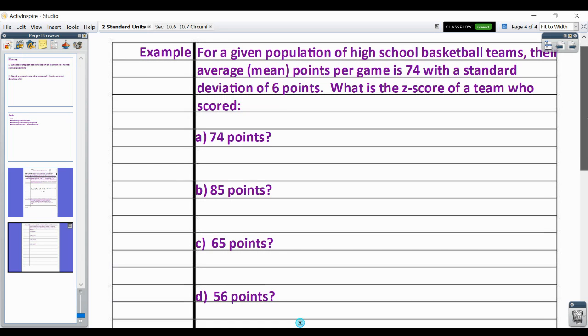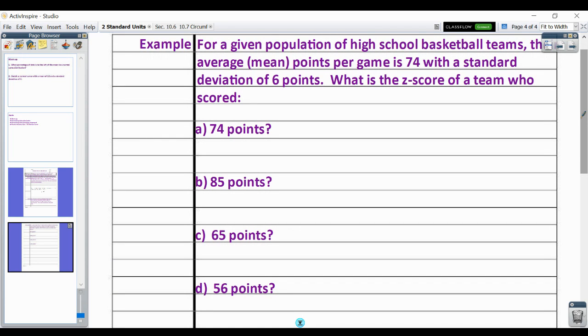So your first example. For a given population of high school basketball teams, the mean, or average, points per game is 74 with a standard deviation of 6 points. What is the z-score of a team who scored each of the following points?